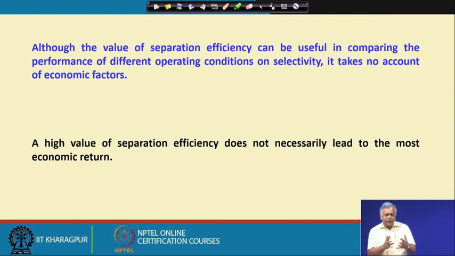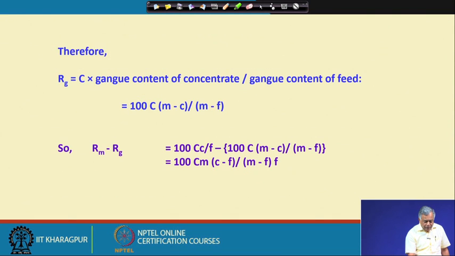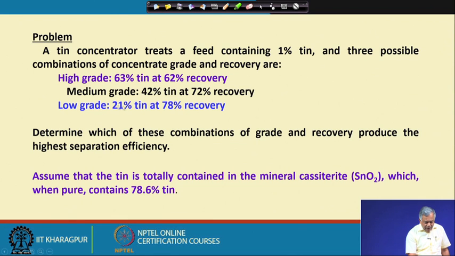Which one, from a metallurgical efficiency point of view, is more attractive? It does not tell you anything more than that, because it takes no account of economic factors. If I also need 60% tin content here, I do not know what the recovery will be. Recovery will definitely go down.